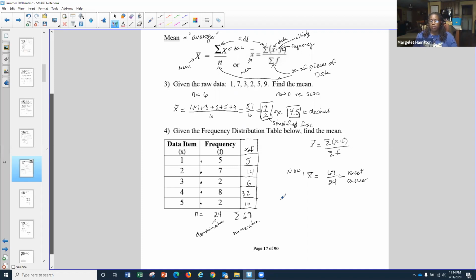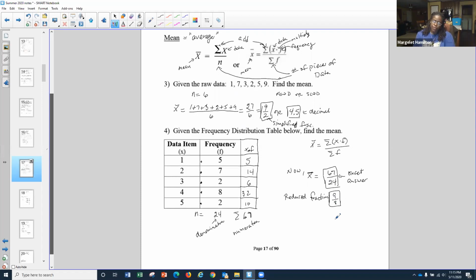Okay, so our exact answer, 67 over 24. So our reduced is 9 over 8. Right.